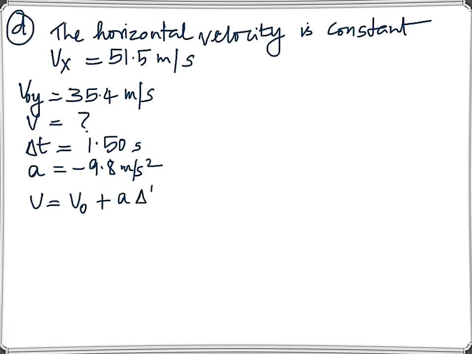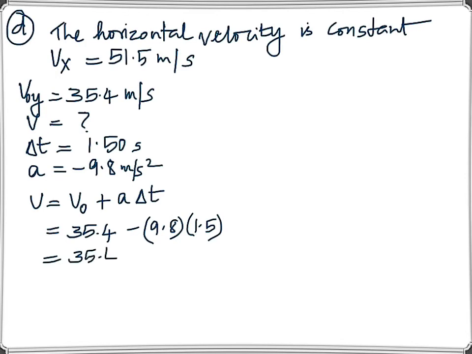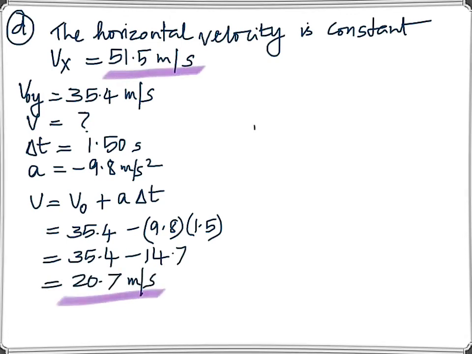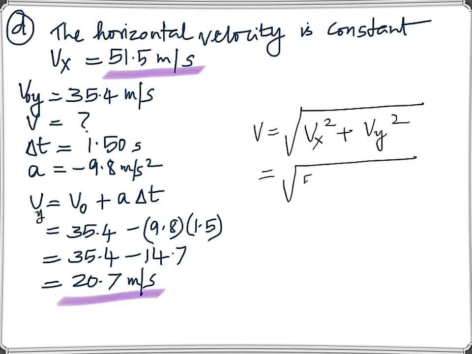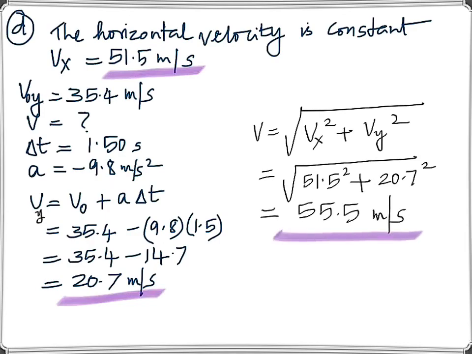Use this equation and calculate it. It's 20.7 meter per second, and therefore the actual velocity is going to be the square root of the sum of the squares of these. It's 55.5 meter per second.